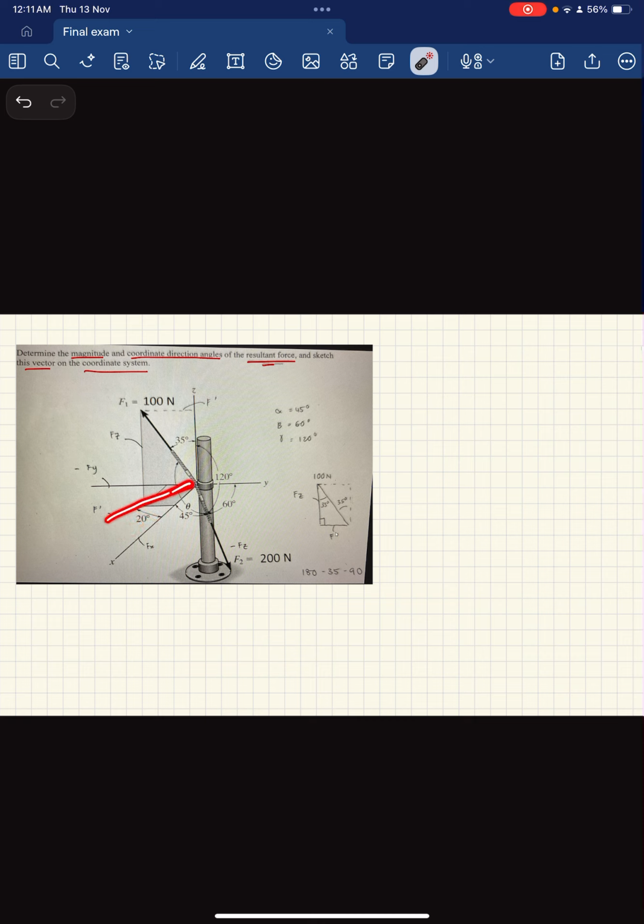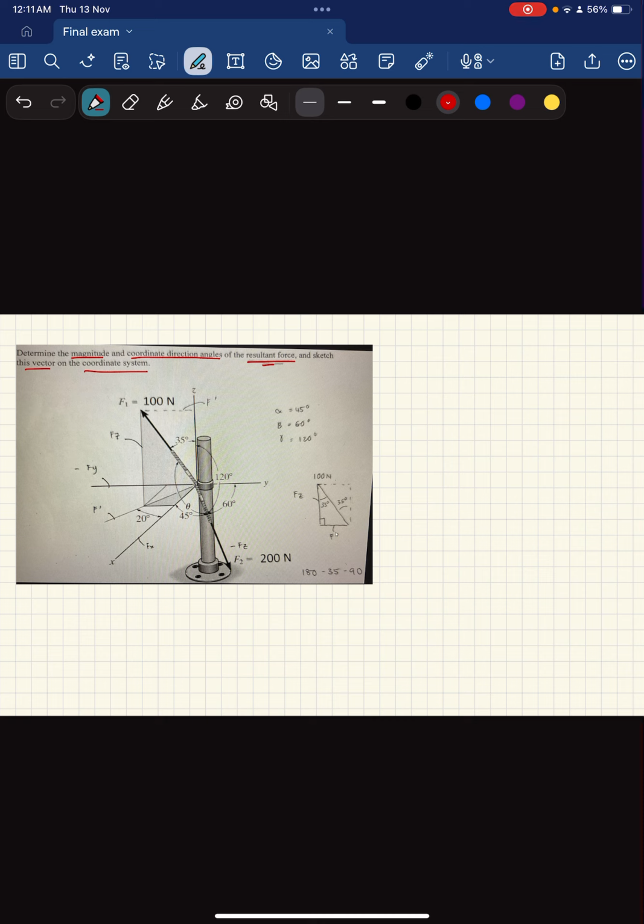Okay, so this line basically is F1, 100 newtons, sine 35 degrees. So this is the sine component, and of course this is the cosine component, right? And later you can resolve it with the 20 degrees, which I will show you how this is done.